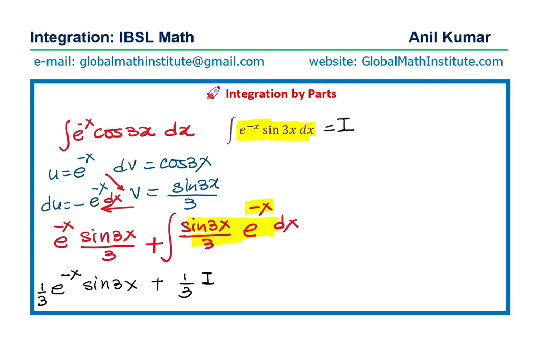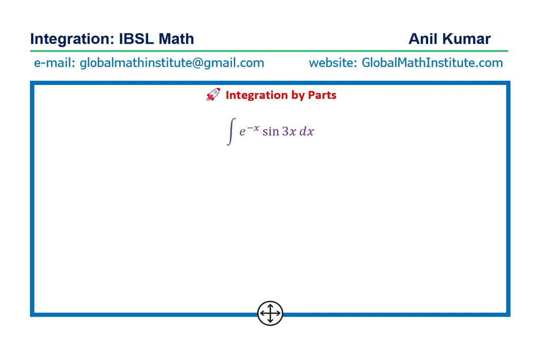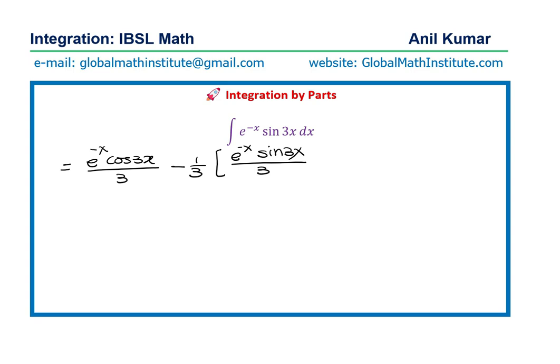So we can now rewrite the whole thing on a fresh page. The whole integral can now be written as equal to e to the power of minus x cos 3x over 3, that is the uv part which we got, minus one third of the integral of e to the power minus x sine 3x over 3, plus one third of the same integral, which is I. You get the idea.